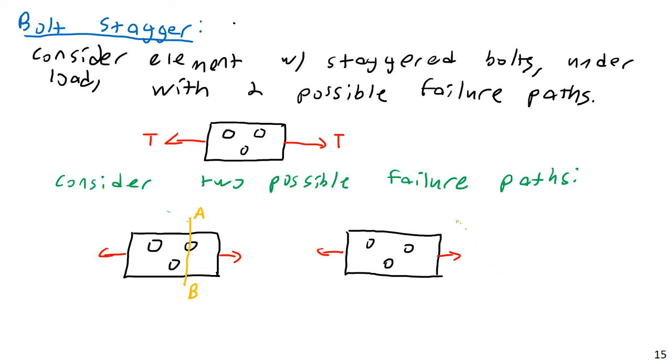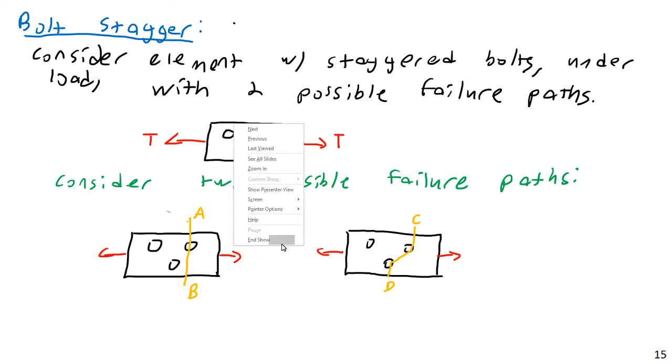However, what if we have a different failure plane, something more like this, where the failure plane jogs over between 2 different bolts? This is what we mean when we're talking about a bolt stagger or a failure in a bolt stagger plane. So maybe we could call this CD. We could have failure path AB or failure path CD.